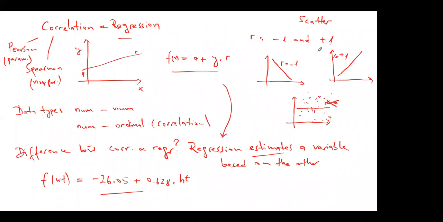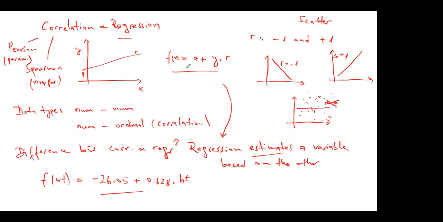If R is 0, there is no relationship at all. On the other hand, in the regression analysis, you try to estimate one variable depending on the other one. And you come up with a formula, the regression formula.